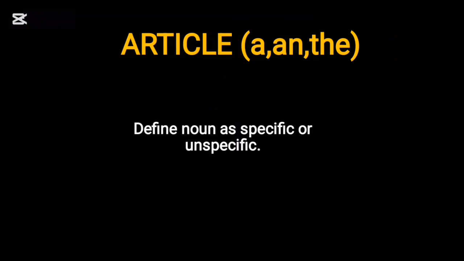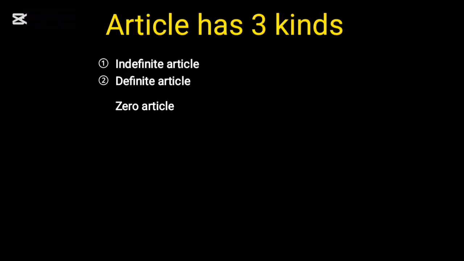Article is used to define a noun as specific or unspecific. They tell us whether the noun we have used in a sentence is specific or unspecific. Only they tell us, okay? As we know, here are written three, but articles have two kinds.